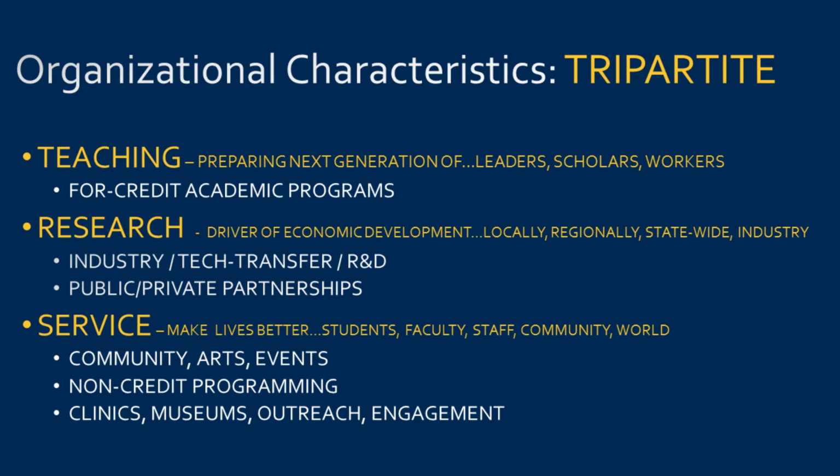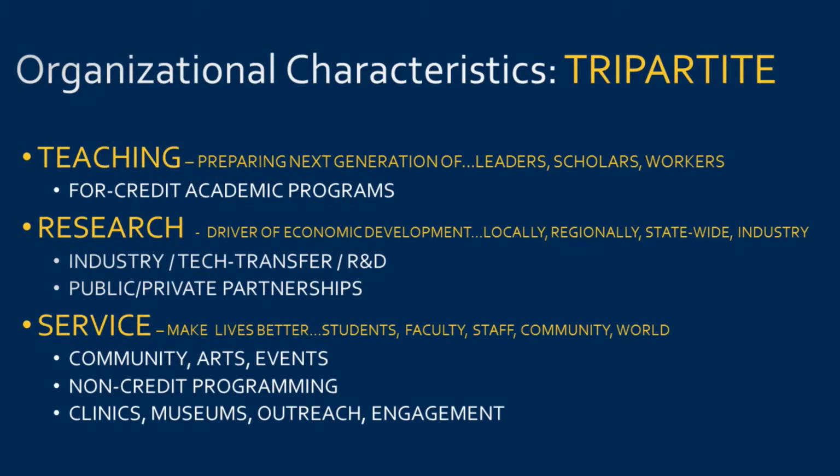Now, the next set of slides, I want to take you through the organizational characteristics of the post-secondary institution. Again, a reminder, I know this is all very familiar to you, but setting the stage as we prepare our work together. We do have, regardless of the type of organization, whether it's a community college, a for-profit, a nonprofit higher education entity, in general, each organization has evidence of this tripartite mission.